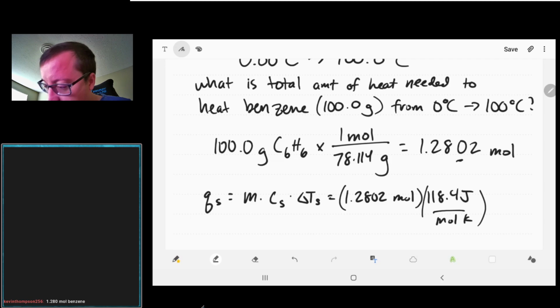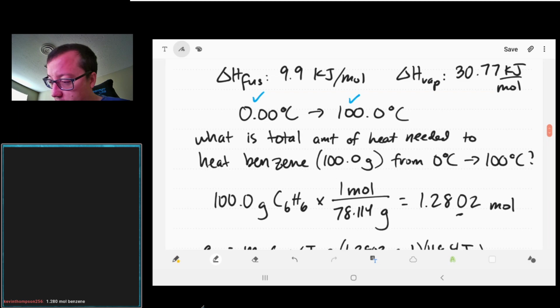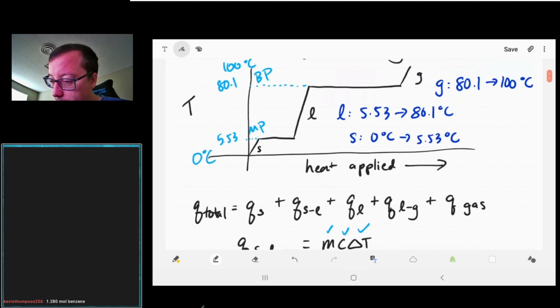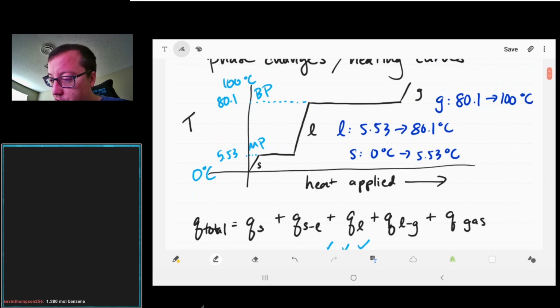Remember, for specific heat capacity, Kelvin and Celsius are identical because these talk about changes in temperature, and a change in Celsius is exactly the same as a change in Kelvin. So we can leave it as Kelvin or just change it to Celsius. That's not a problem. Let's find our change in temperature. It looks like that's going to be 5.53 degrees.